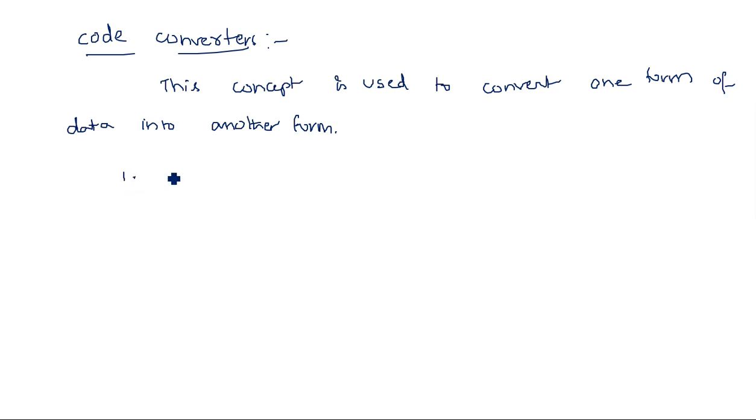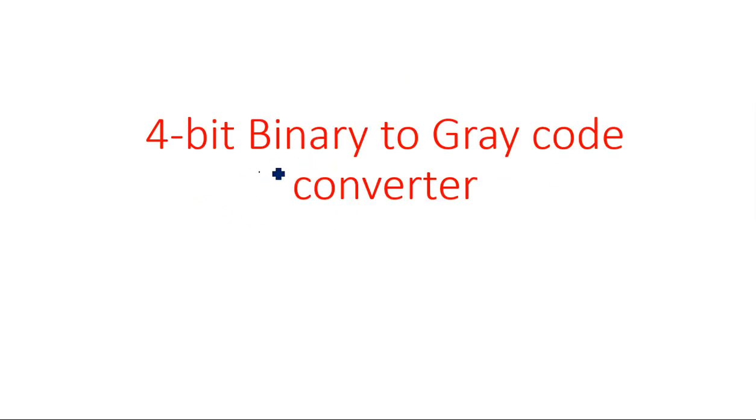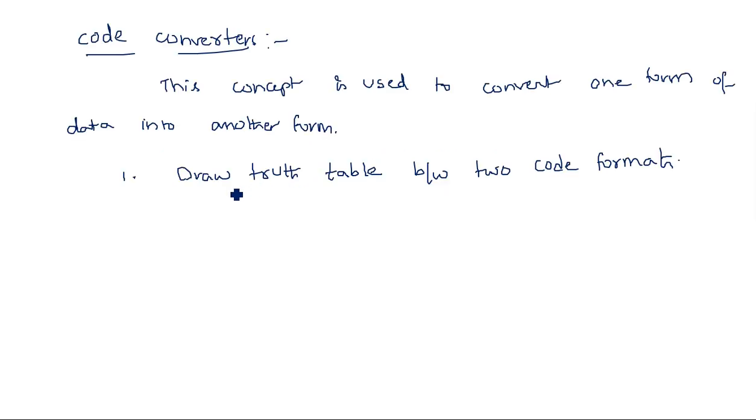The first step is, first you need to draw the truth table between the two coding formats. Suppose in our given concept, what we have taken is binary to gray code conversion. So binary to gray code conversion means you need to take binary on the left hand side and gray on the right hand side.